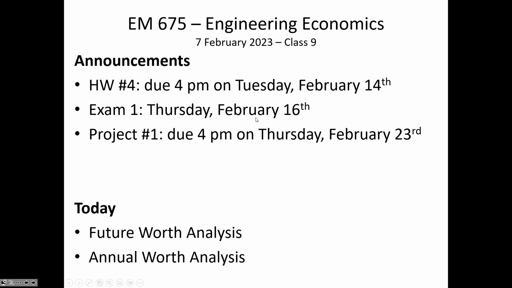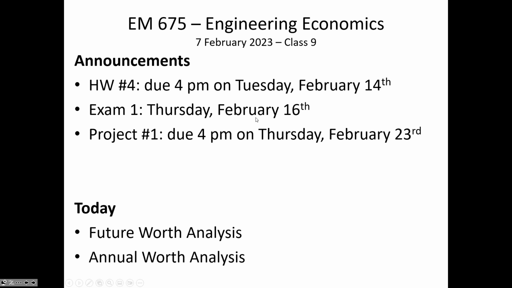All right, so then following that, 1 week later is when project number 1 is due. So that's the schedule. Remember that in class last time, on Thursday of last week, we talked about present worth analysis, which is different from the present worth method. Present worth analysis is when we're comparing alternatives.